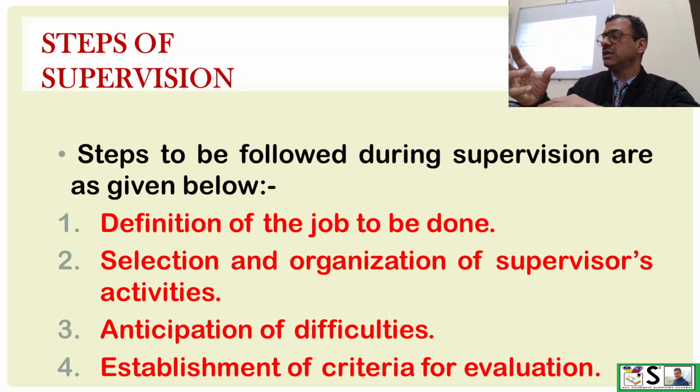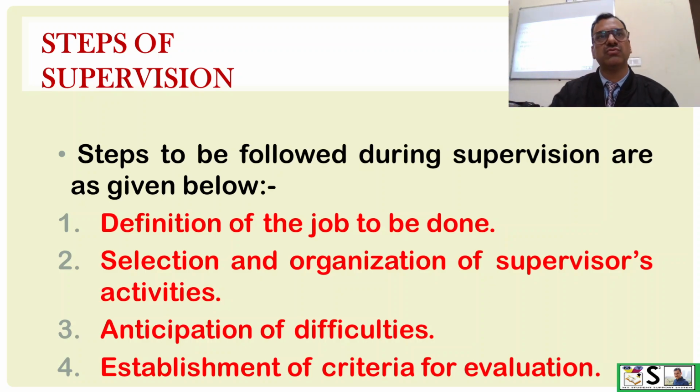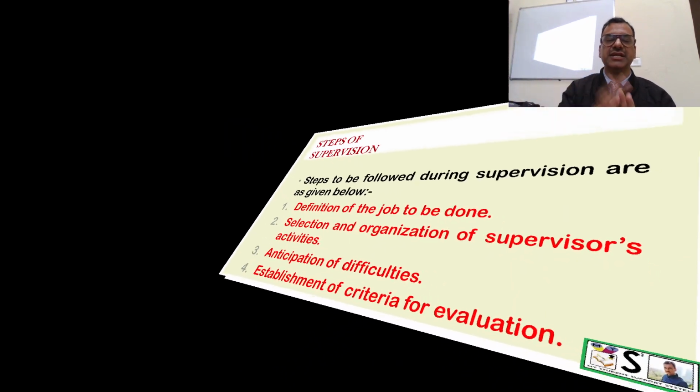For example, whether the ANM is properly maintaining the cold chain or not. If yes, then we will give full marks. If she is not maintaining it, then we can give fewer marks, and we can correct how she is maintaining it. Okay, so in this way we will make some points on which we will evaluate or supervise the subordinates. So then we will establish the criteria.